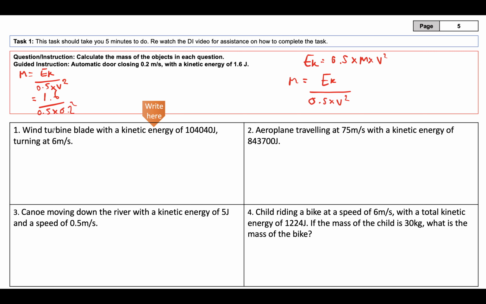Now again, just got to be super careful when typing this into the calculator. So 1.6 divided by 0.5 times 0.2 squared, press equals, and that gives me 80 kilograms. So make sure you don't forget to put this squared, that's really important, really easy to miss that one off. Okay, you have a go before moving on to the next page.